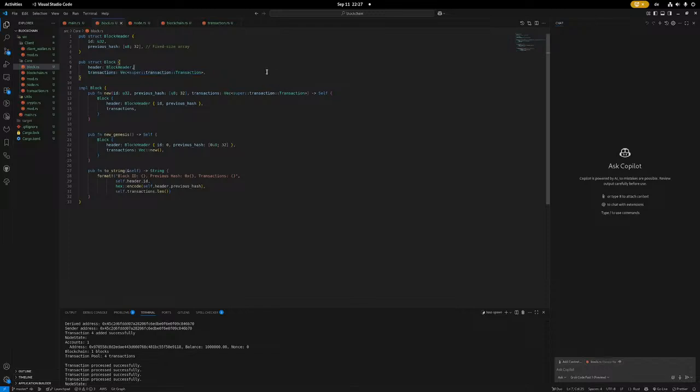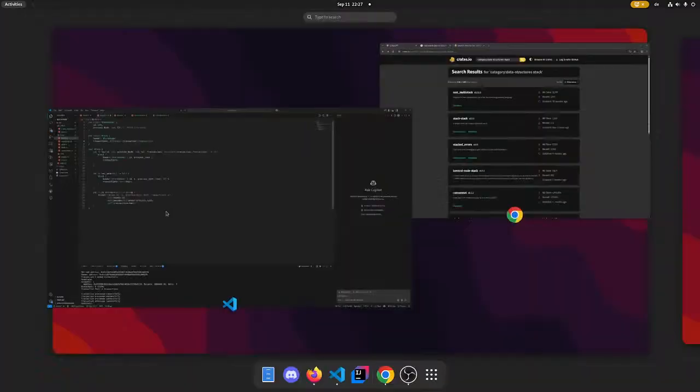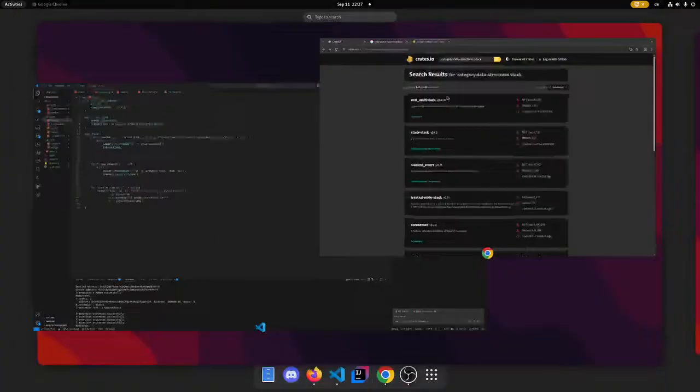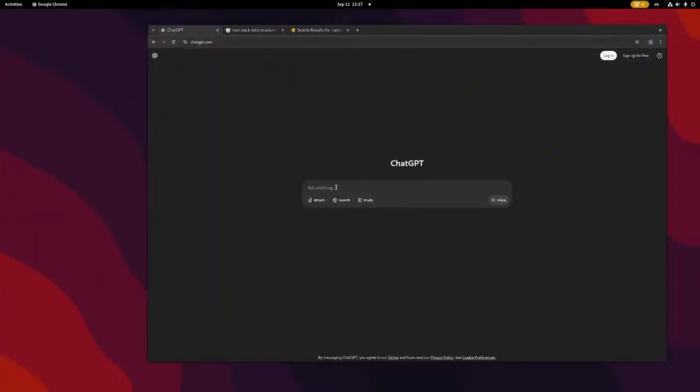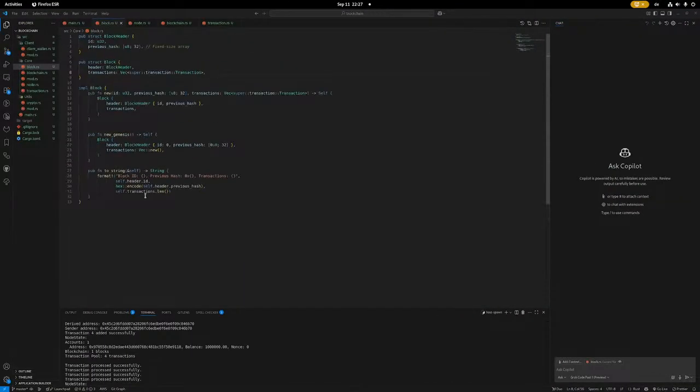I'm pretty sure that's not how it works. Previous hash. Okay, so now the funny part starts. Got to drag it over here.